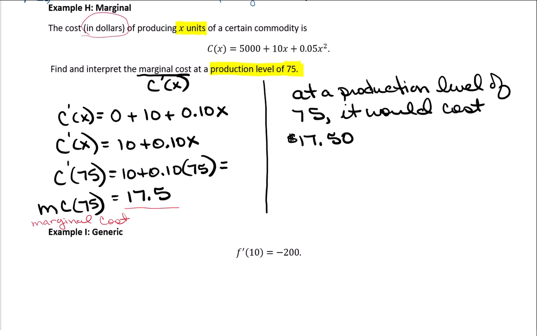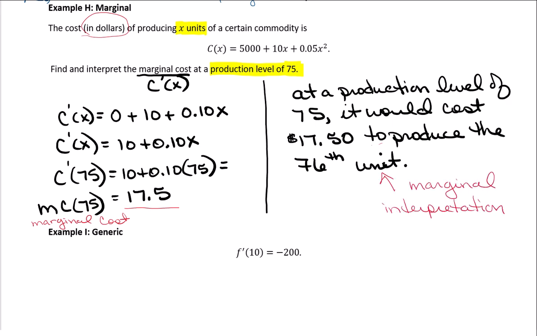They told us the cost was in dollars, but not hundreds of dollars or thousands of dollars. So we take it at face value. But what does marginal cost mean? At a production level of 75, it would cost $17.50 to produce the 76th unit. So all of that is the marginal interpretation.